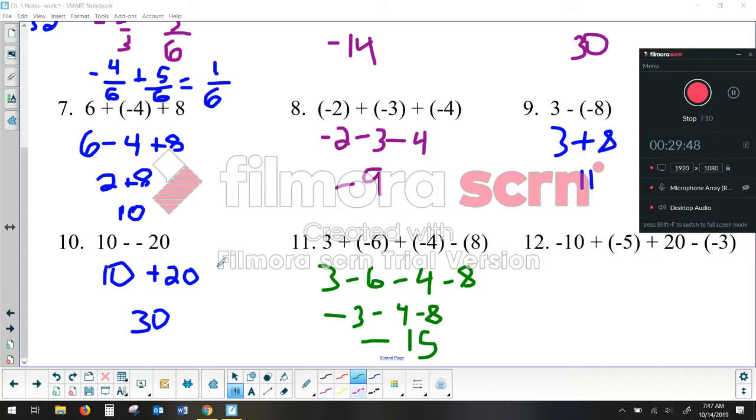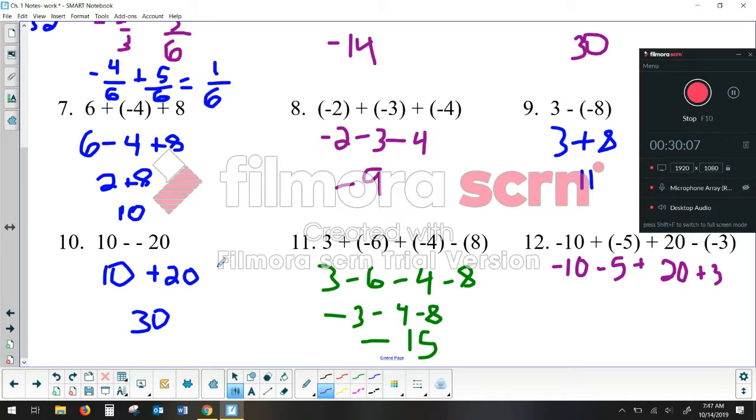And then our last one is negative 10 minus 5 plus 20 minus a negative 3, so we're going to plus 3.